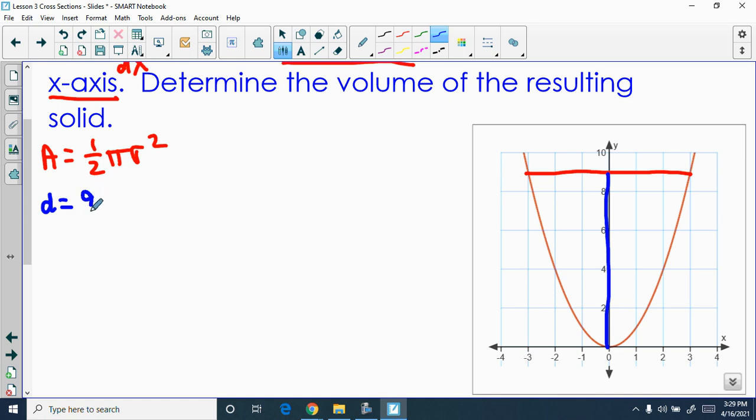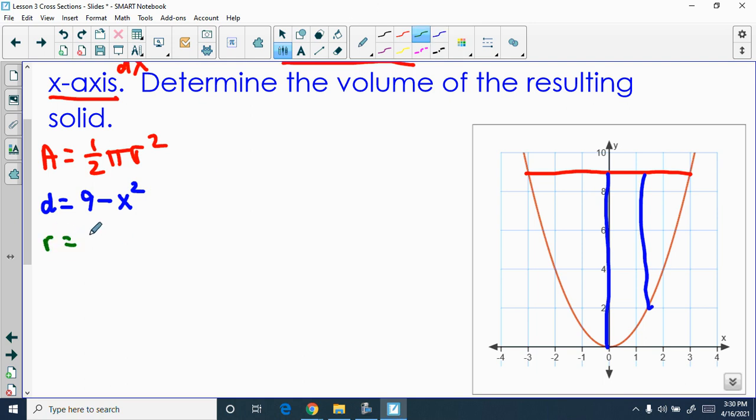It's from 9 minus our function, right? If I drew it out here, we're touching this function, which is x squared. So just like when we were finding the areas between the curves, we're doing top minus the bottom. Now that gave us the diameter, and we want the radius.